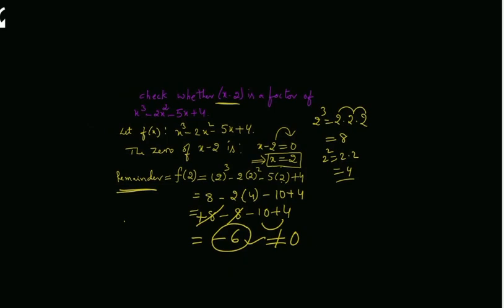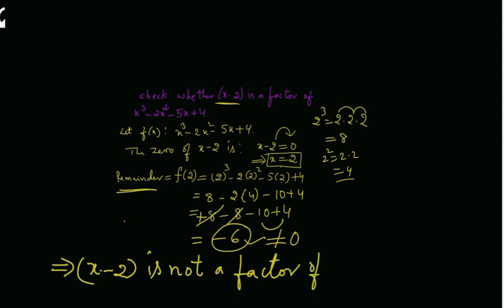Therefore, we can conclude that x minus 2 is not a factor of x cube minus 2x square minus 5x plus 4. Like this we can conclude.